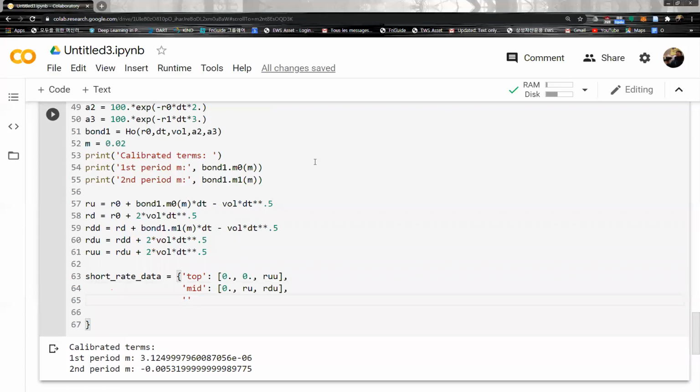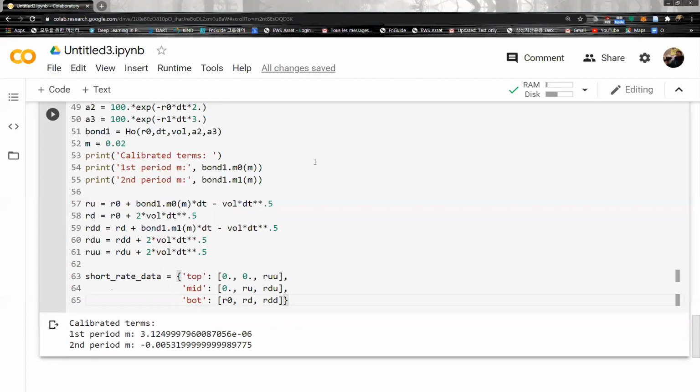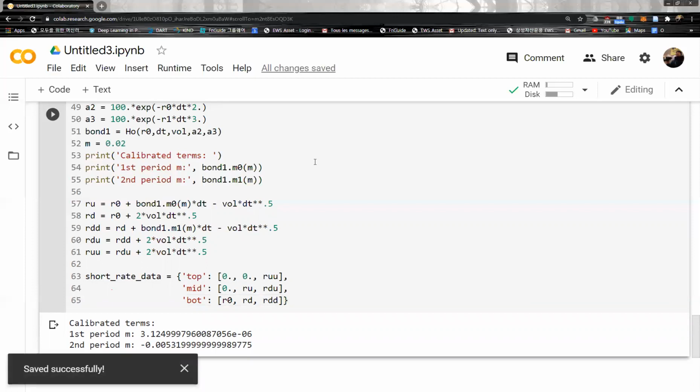And then bottom is R0, first one R0, and then RT and another RTD. Okay. So basically this is interest rate data.